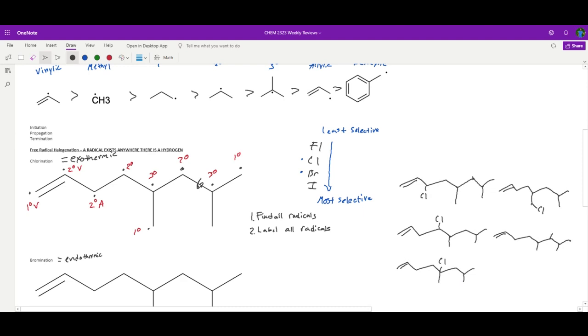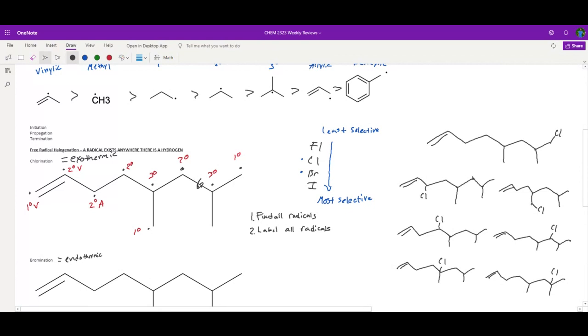Fifth one, I'm going to draw a chlorine right there. Sixth one, I'm going to draw a chlorine right there. And then lastly, the final one, seventh, I'm going to draw a chlorine right there.